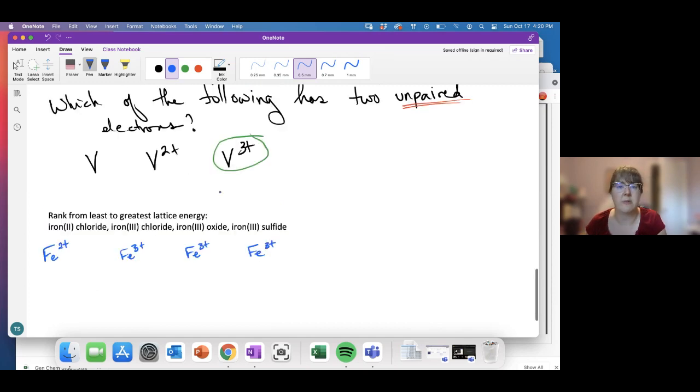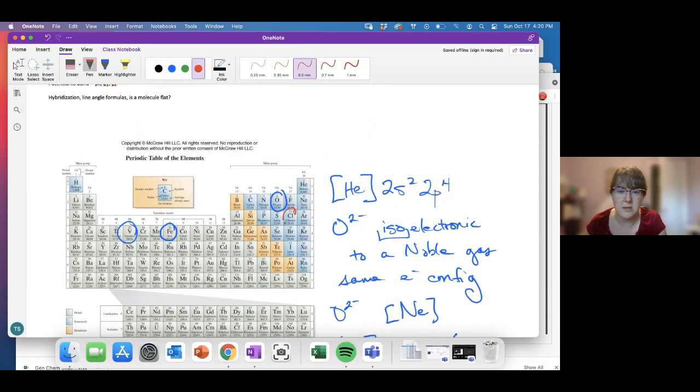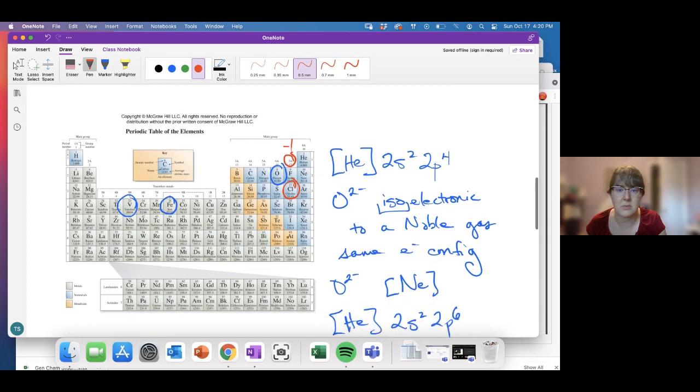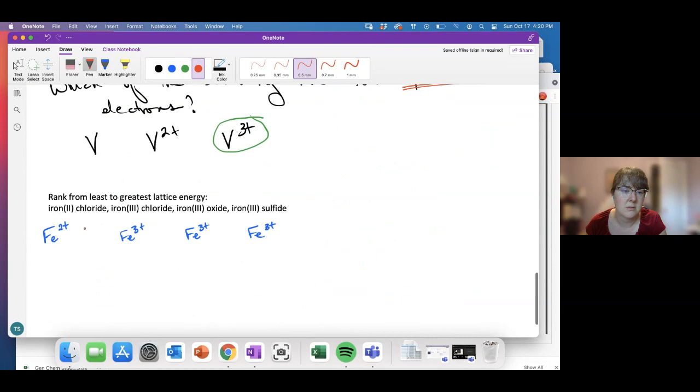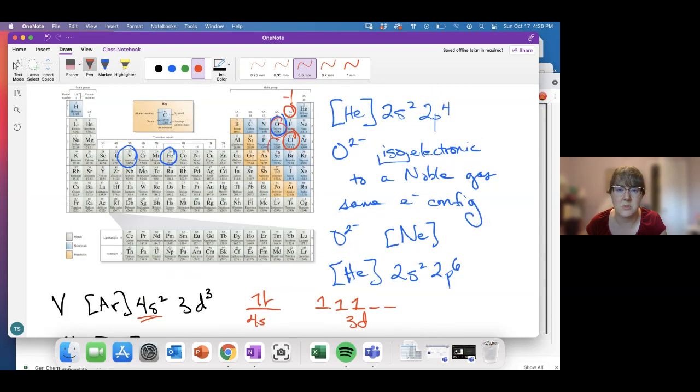So I'm going to scroll back up to my periodic table. Here's my chloride. It's in group 7A, so it should have a -1 charge. So chloride, and chloride, and then I've got oxide and sulfide to worry about. So I'm going to find my oxygen and my sulfur. Here's oxygen, here's sulfur.